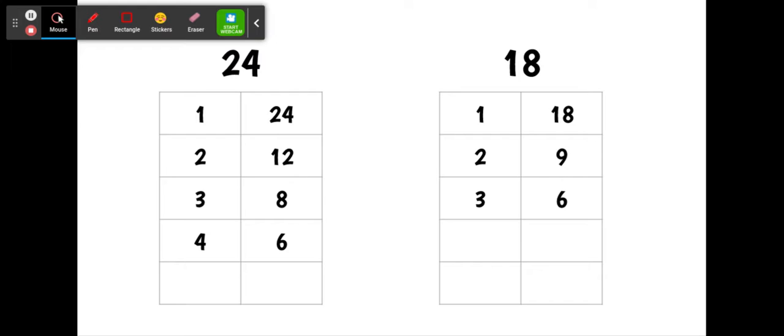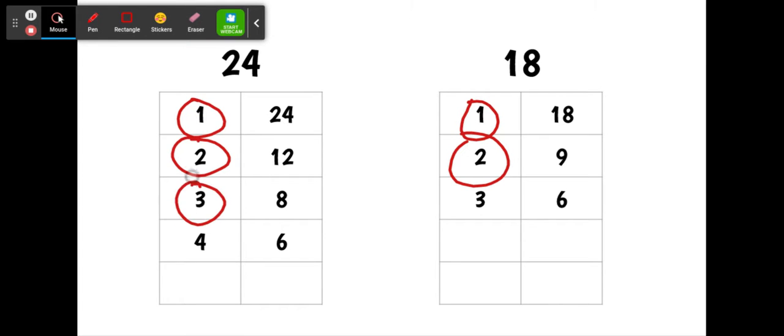And one thing that you might start to notice is that different target numbers can share or have the same factors in common. So for example, they both have 1 as one of their factors. That means 1 is a common factor for 24 and 18. They both also have 2 as a common factor. 3 is a common factor.